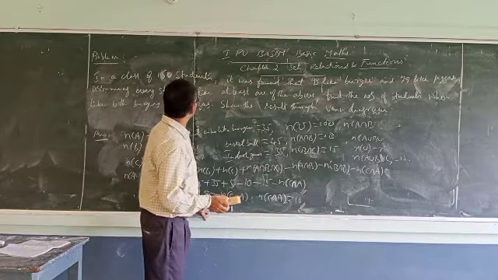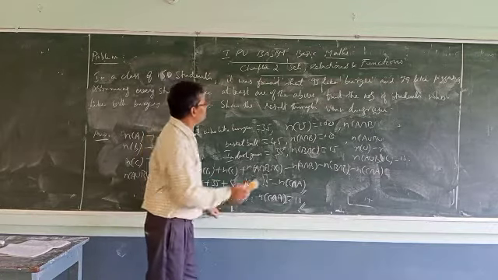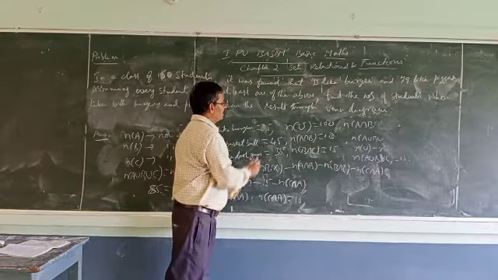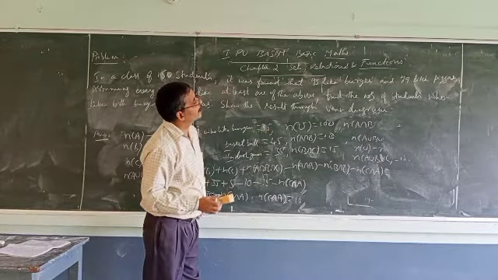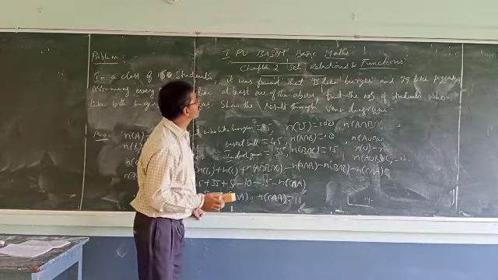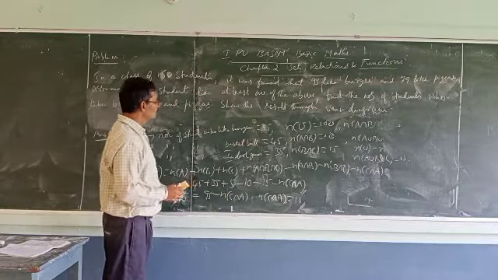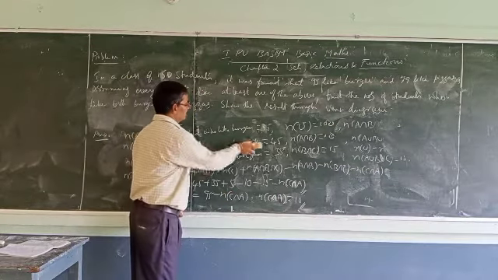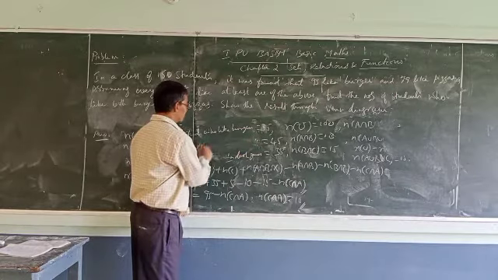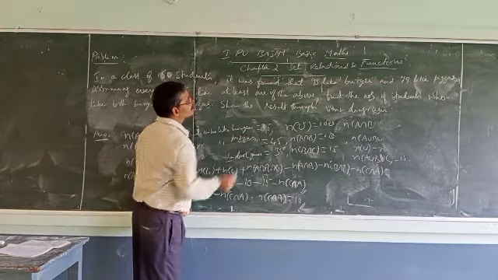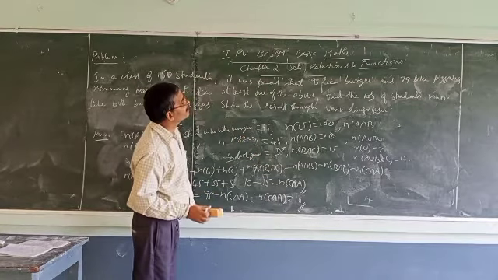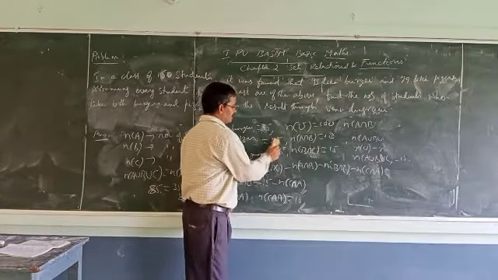In a class of 150 students, it was found out that 95 like burgers. And n of B, number of students who like pizzas, is given as 79.